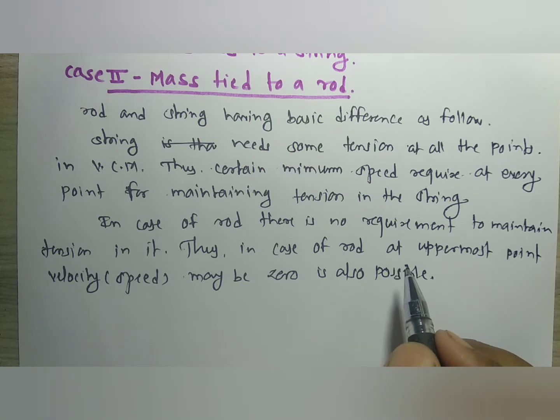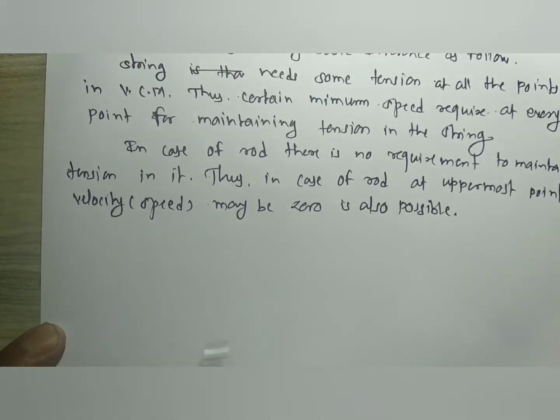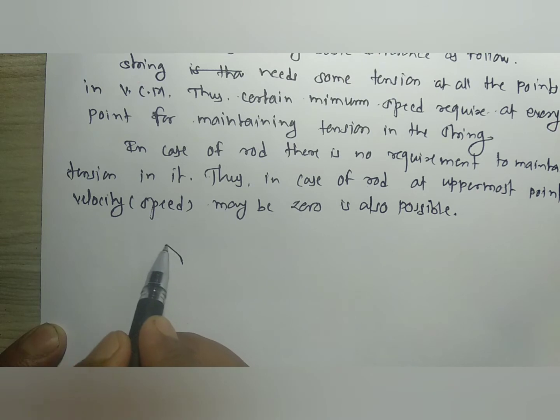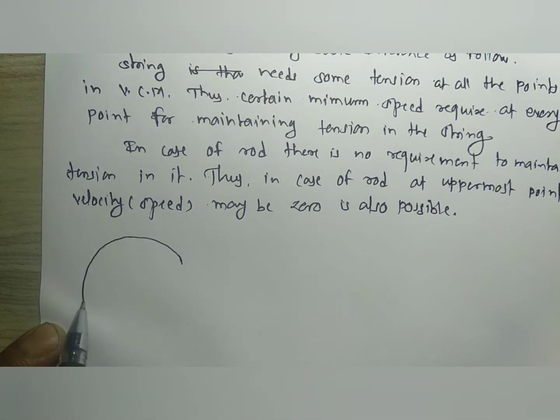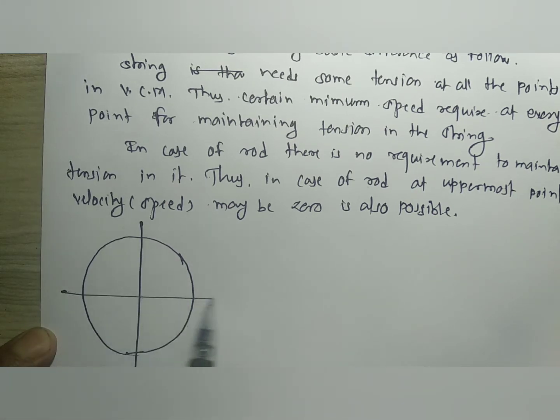We know that in a previous lecture we studied the mass tied to a string. At that time you will know that in a vertical circular motion we have three concepts. The center is here.